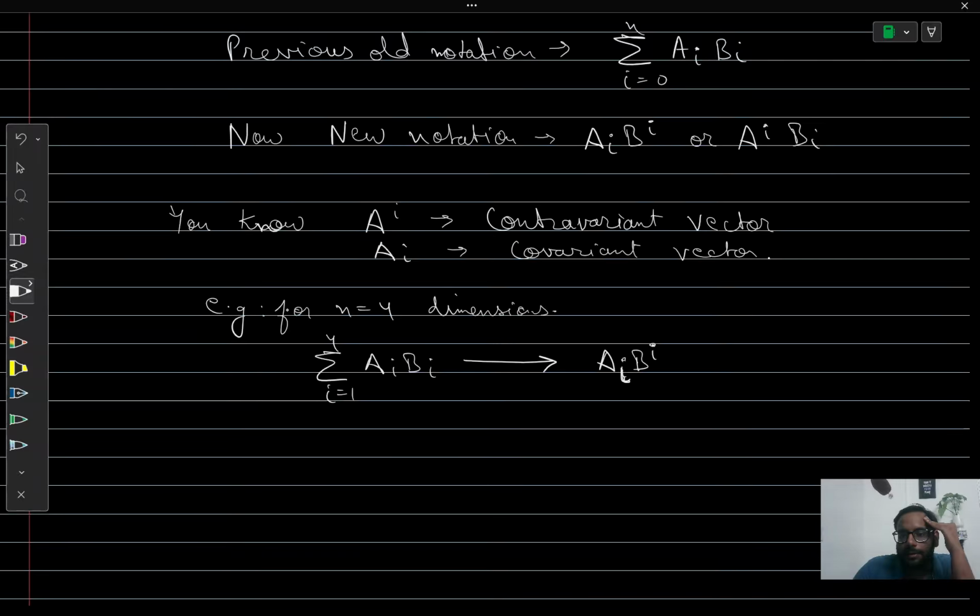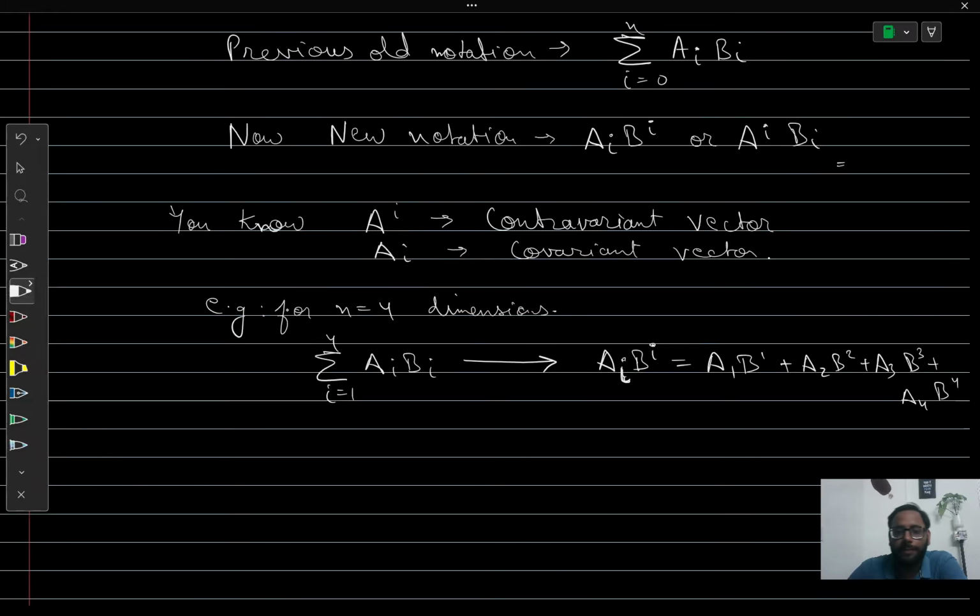Note that one index should be in the lower position and one in the upper position, upstairs. This can be written as a^1 b_1 plus a^2 b_2 plus a^3 b_3 plus a^4 b_4.